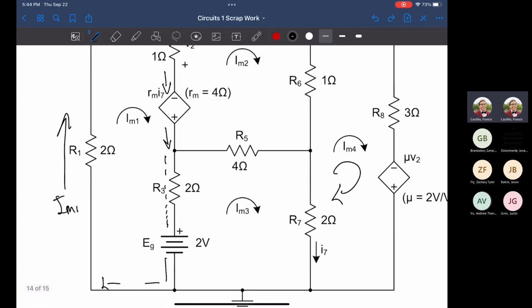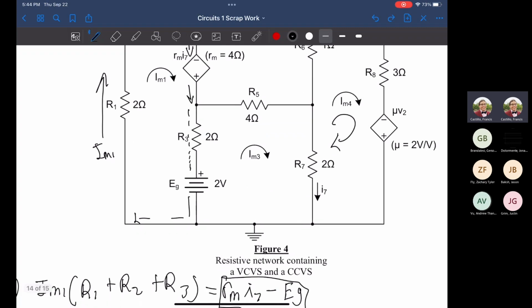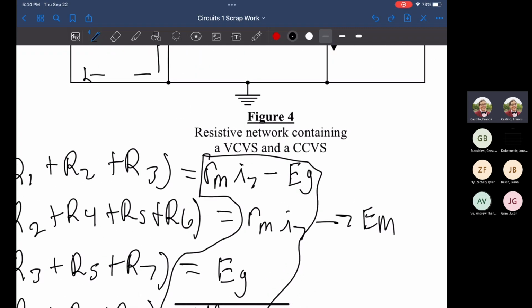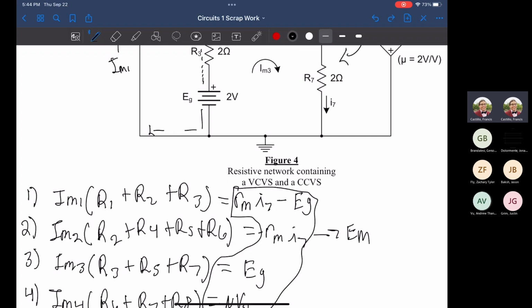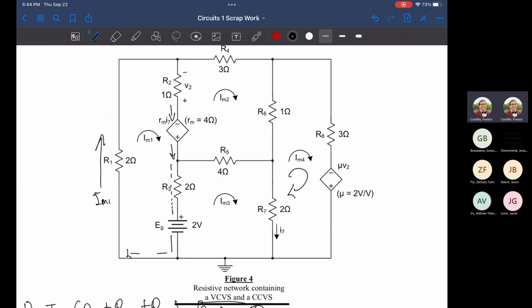We noticed that R_M I7 is flowing with the current, but EG isn't, which is why we wrote it out this way. I should have the negative already. My bad for missing that. Everything else is correct though, and I will double check that just to make sure. Mu V2 there.